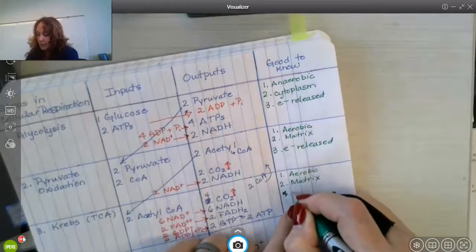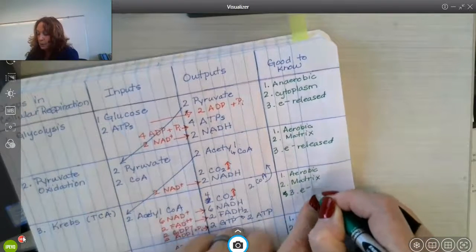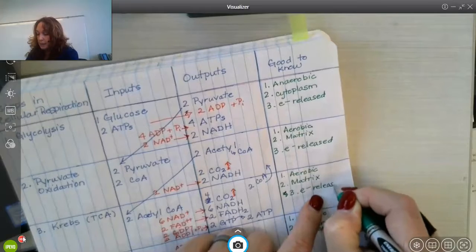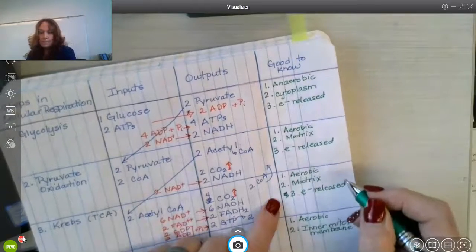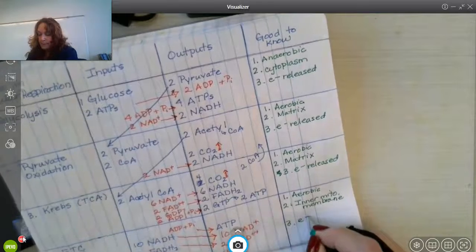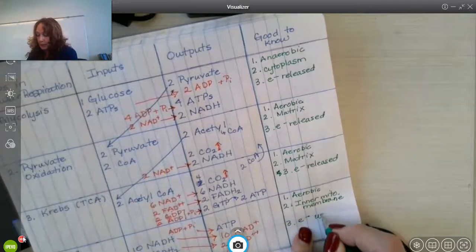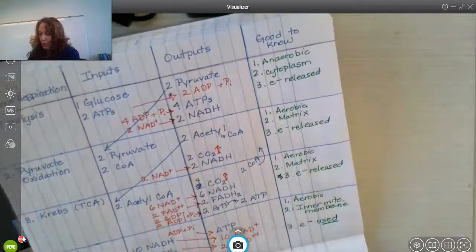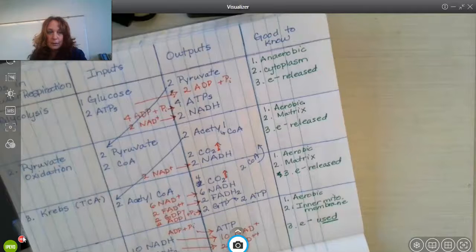So your electrons are released here. In the electron transport chain, you use those electrons that were released.